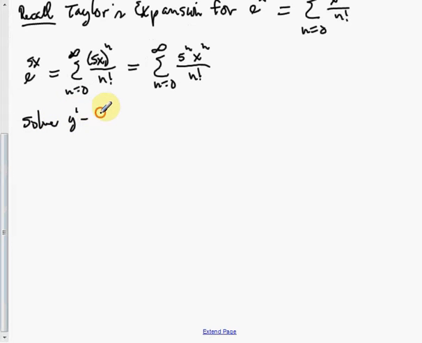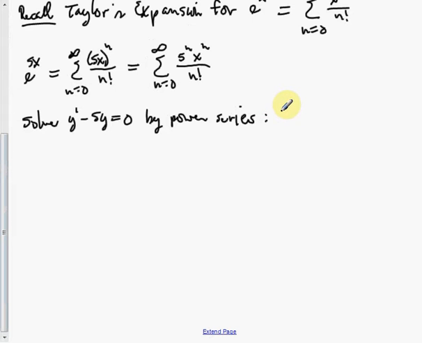y prime minus 5y equal to 0 by power series.